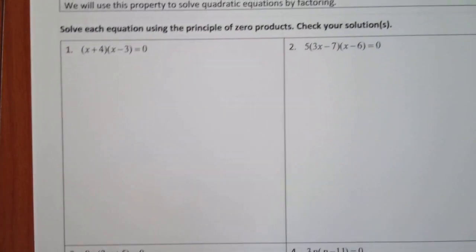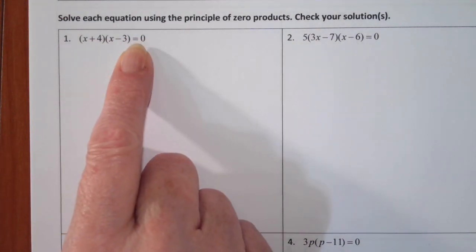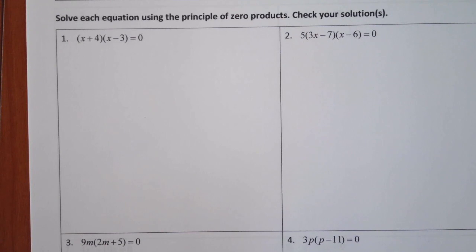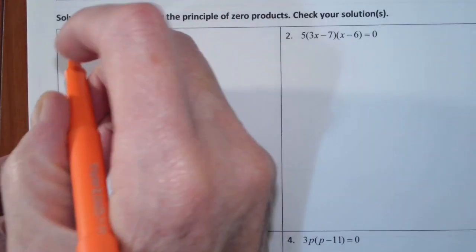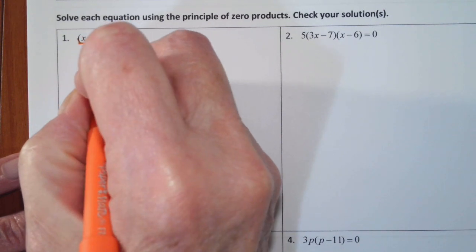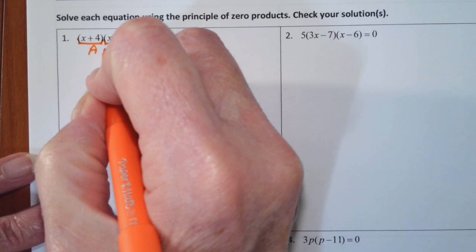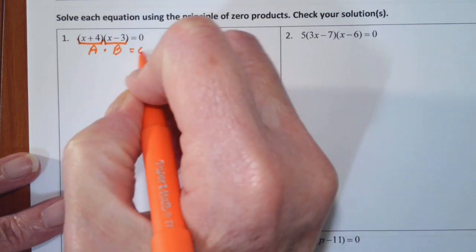All right, so we're going to use the zero product principle and solve this. So what the principle tells us, if we have something equal to 0, we have two things multiplied times each other. So this is the equivalent of A times B equals 0.